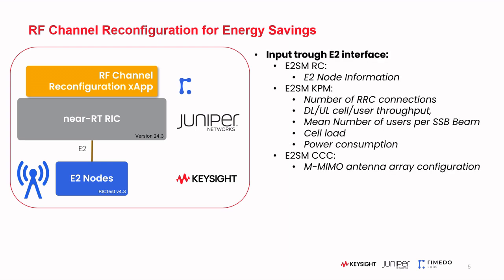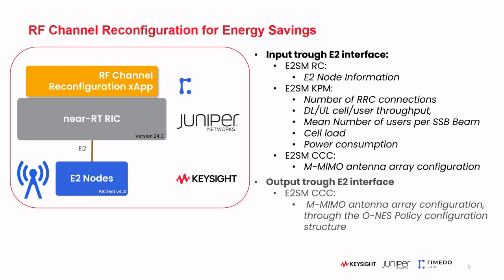The xApp processes configuration information from the RAN and collects usage measurements. The xApp produces output to define an updated Massive MIMO antenna array configuration, which is applied through the ONES policy configuration structure using CCC service model.